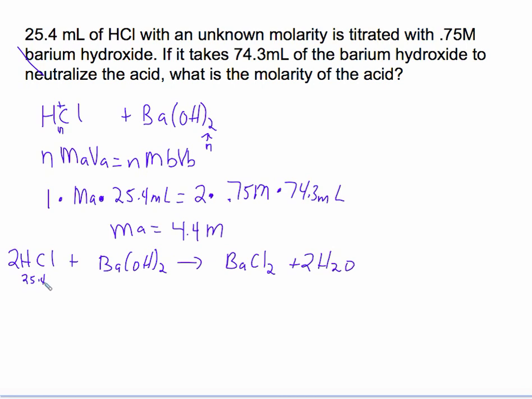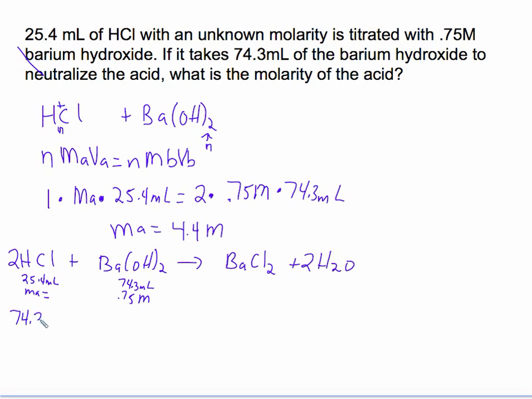So you know that you have 25.4 milliliters of this. You're trying to find the molarity of that acid. You know that you have 74.3 milliliters of the base, and you know the molarity of the base. So here's how you would start that problem.